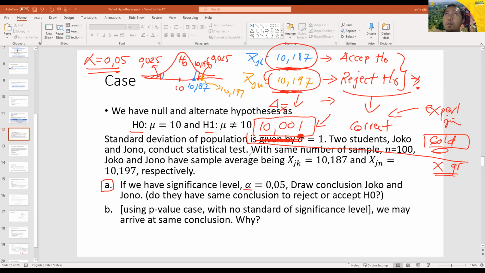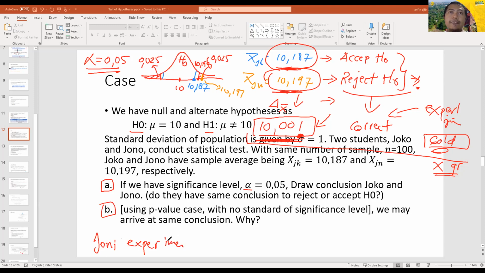And then, for example, again let's say Joko, Jono, and Johnny conduct an experiment. This is the B case.